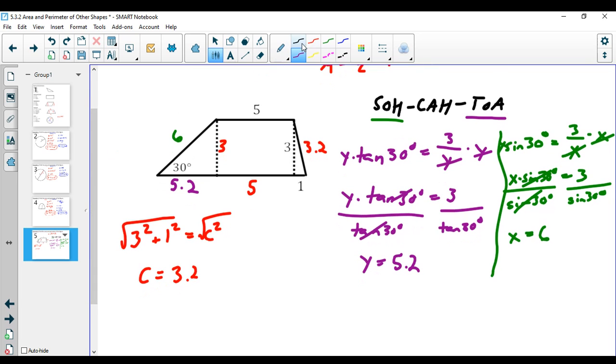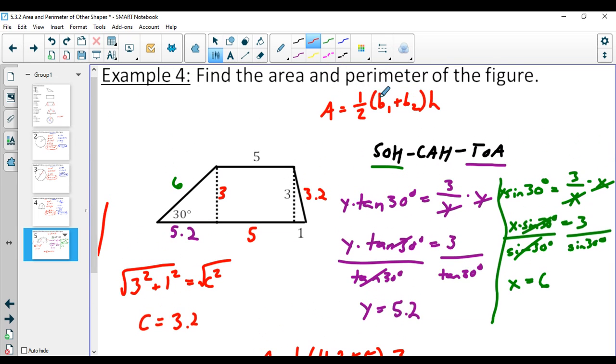All right, so the first one, the area, I can do 1/2 times the first base, which is 5.2 plus 5 plus 1, which is 11.2. So that's this base plus 5, the top base, times the height, which is 3, and that's just from following base 1 plus base 2.